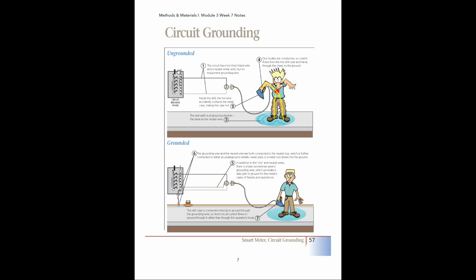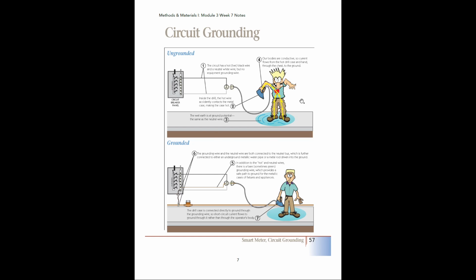So let's say, like in this example here, there's a guy with an electric drill. He's got it plugged in. He's standing in a conductor like water, okay? If there was an electrical short, or some kind of electrical accident were to occur, the electrical current is going to want to use your body as the conductor, and it's going to send that current through you.